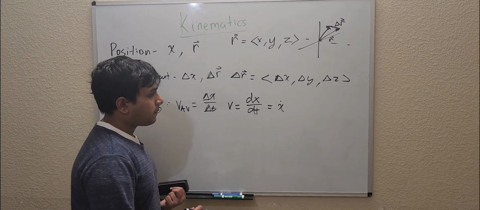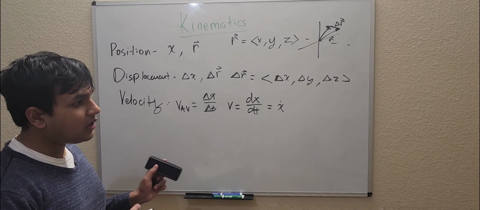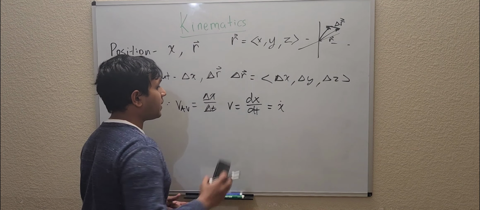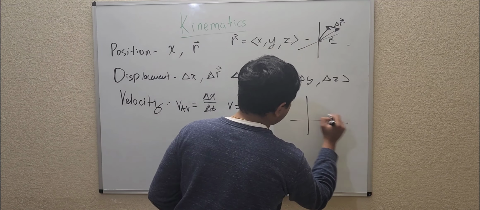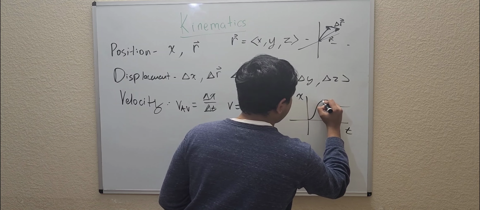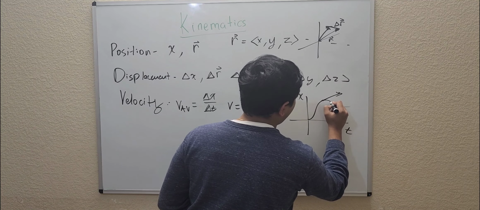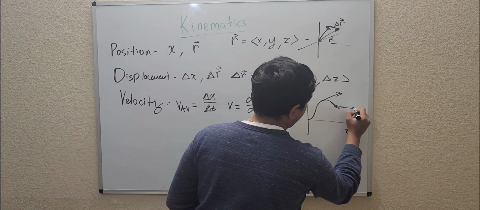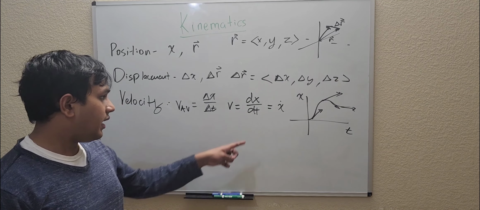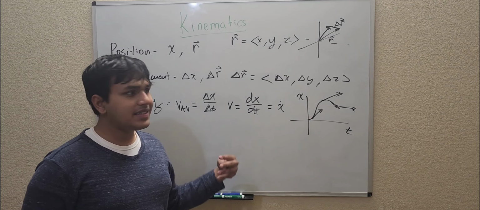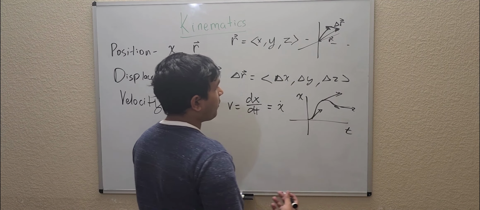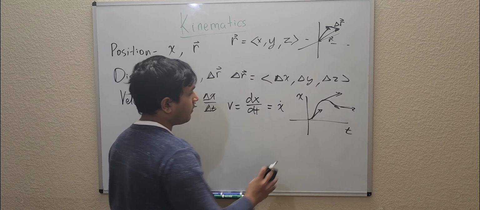Now, the one thing you need to know about velocity is that since it's the derivative of position with respect to time, on a position versus time graph, it represents the slope at any one time.